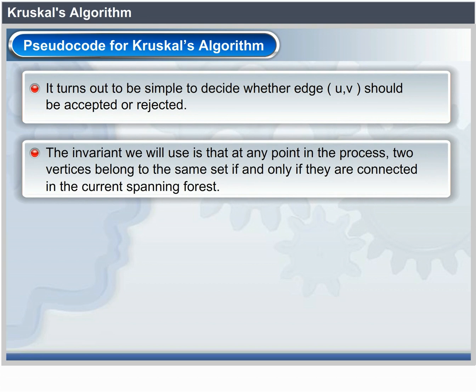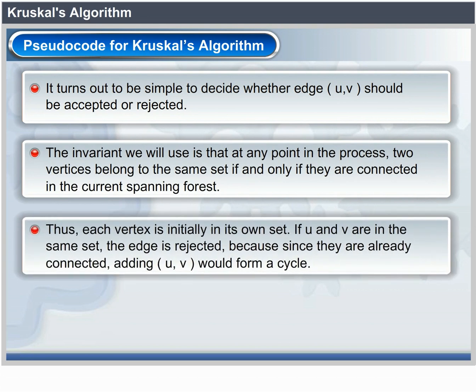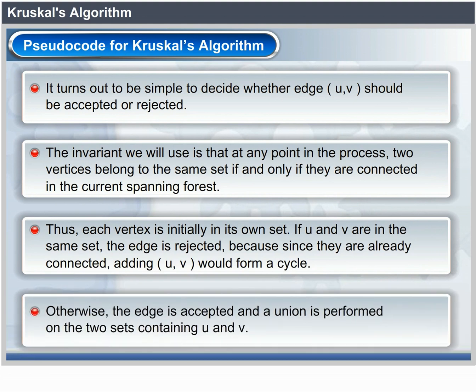Thus, each vertex is initially in its own set. If u and v are in the same set, the edge is rejected because, since they are already connected, adding (u, v) would form a cycle. Otherwise, the edge is accepted and a union is performed on the two sets containing u and v.